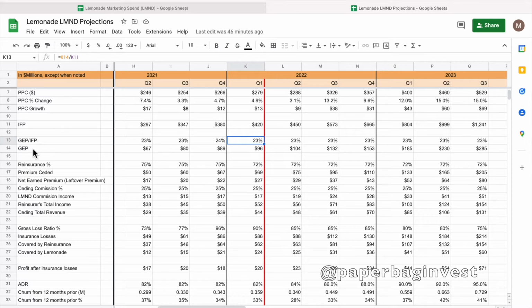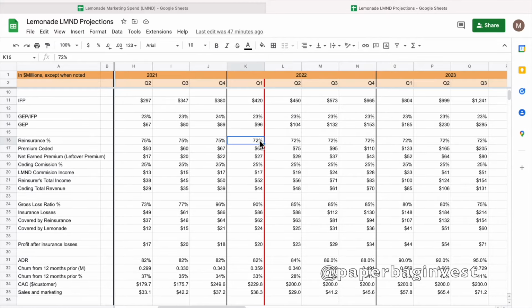At the end of that 12 months, when that's completed, that whole contract changes to gross earned premium. It's roughly 25%, or approaching 25%, of in-force premium, but I include this number so that I can project into the future what percentage of your in-force premium is going to be gross earned premium.